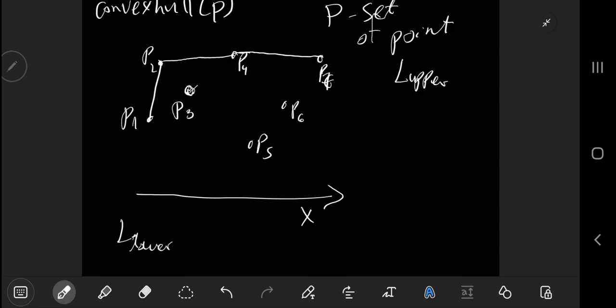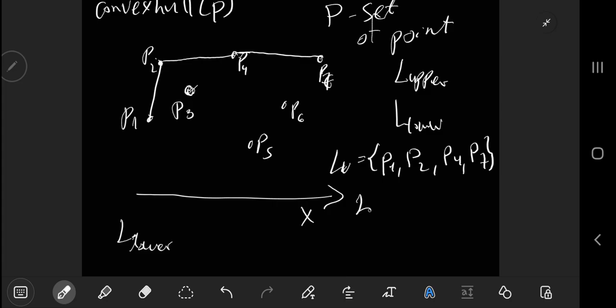Now I get to Pn. I ended the L upper, which now contains the points P1, P2, P4, and P7.